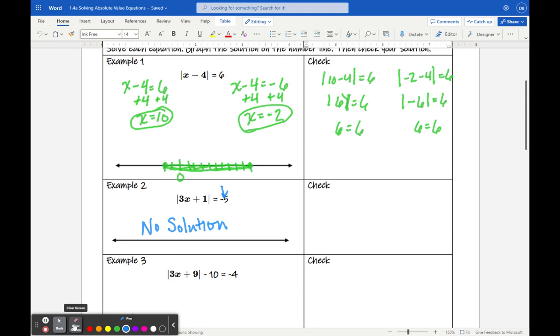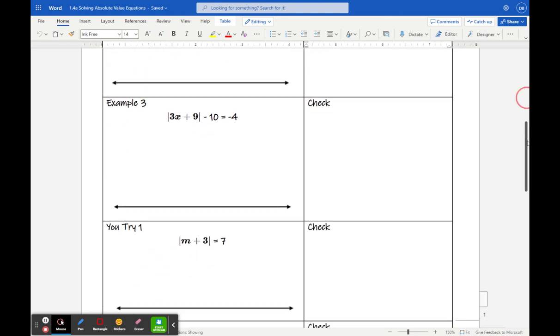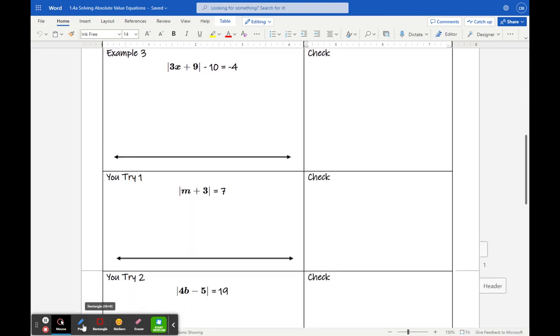All right, so let's go down to example 3. Now on this one, you can see we have the absolute value of 3x plus 9 minus 10 is equal to negative 4. In this case, we have to take this constant and get it across by using inverse operations. We're going to add that 10.